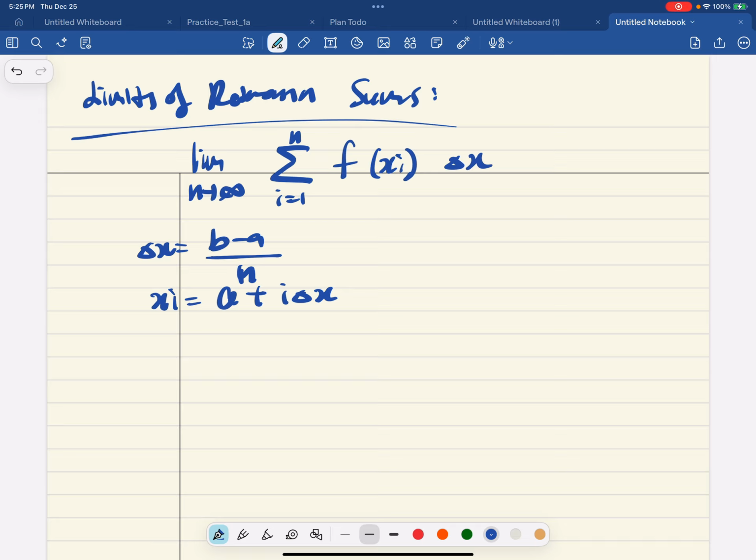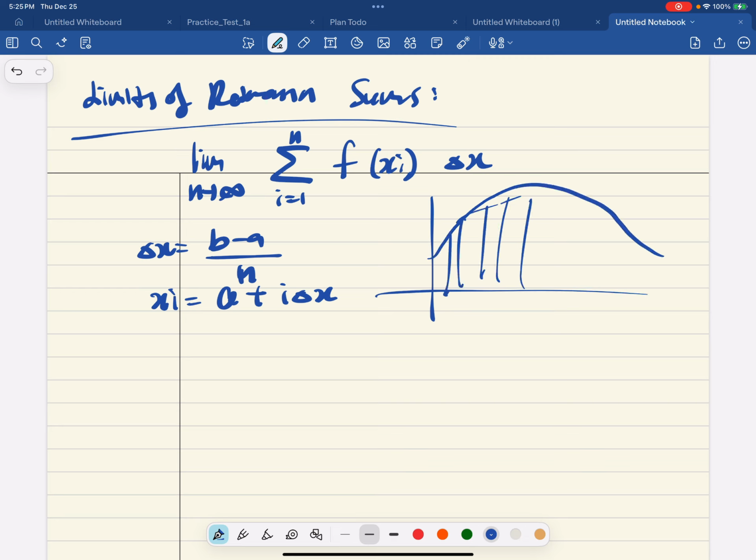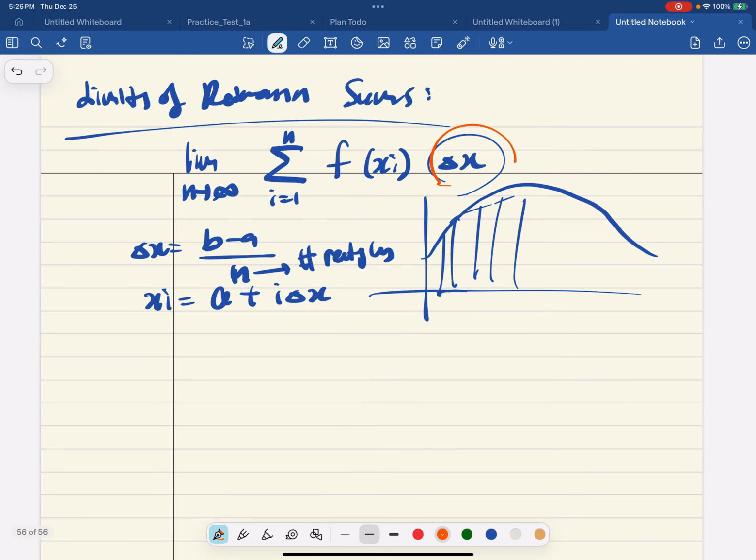What this is doing here is the same concept as the rectangles that we just saw, but making these rectangles infinitely small. And that's it, because n is the number of rectangles, and delta x is the width of the rectangle.